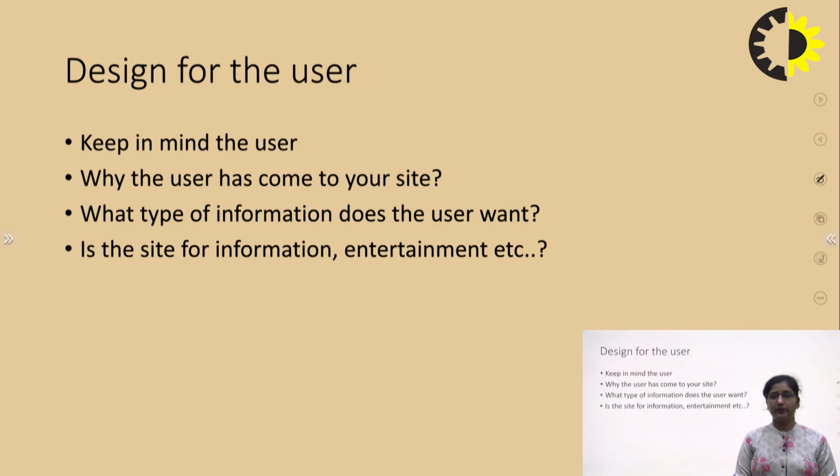What is the information that the user is looking for, which he or she is not able to get on other web pages? Is the site for information or entertainment or anything else? Based on the type, or the target audience, we decide what type of content is required, how that content is to be managed, and how it is to be looked upon.